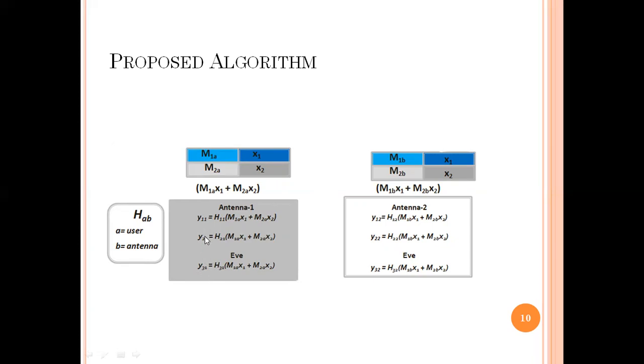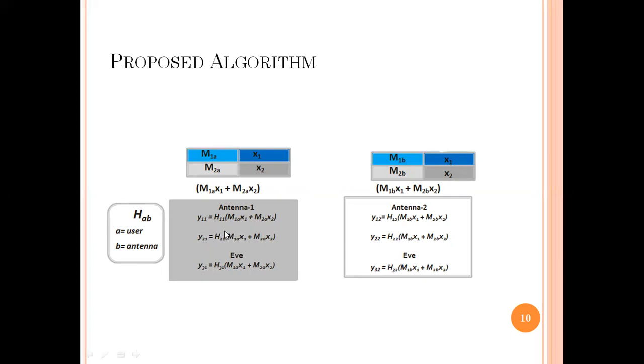So this is the received signal at user 1 from antenna 1, the received signal at user 2 from antenna 1, and the received signal at user 3, that is the eavesdropper, from antenna 1. Similarly, here is the received signal at user 1 from antenna 2, at user 2 from antenna 2, and at user 3, the eavesdropper, from antenna 2.